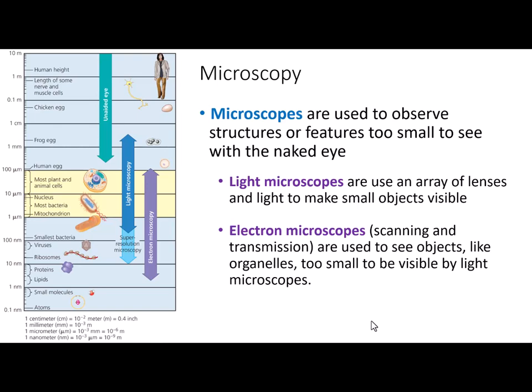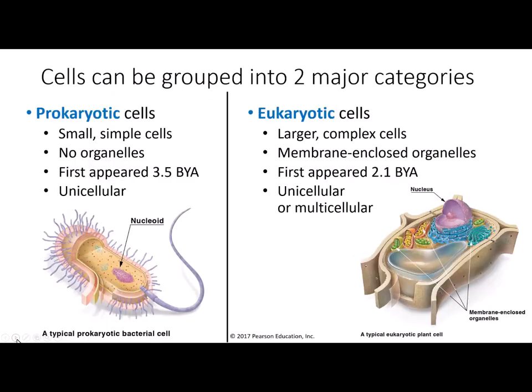Magnification is the ratio of an object's image size to its real size. Resolution is the measure of the clarity of the image, or the minimum distance between two distinguishable points. And contrast is a difference in brightness between light and dark areas of the image. These are all critical in the quality of the microscopy that we do.